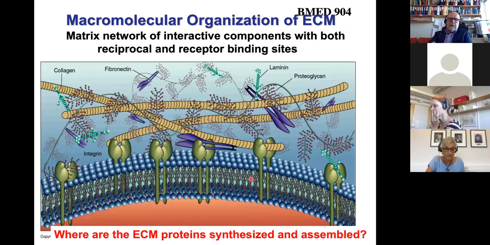And this is a schematic illustration of how we can think that it looks at the surface of a cell, and we've zoomed in. We see the phospholipid bilayer, we see the cell surface receptors, a group of molecules called integrins, and we see the extracellular matrix.